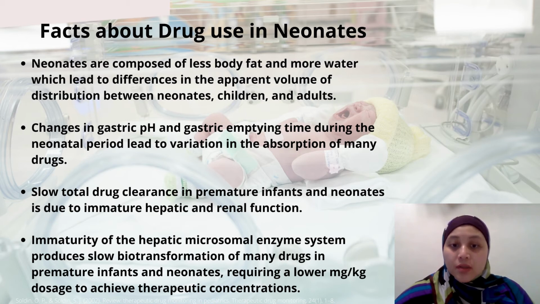Slow total drug clearance in premature infants and neonates is due to immature hepatic and renal function. Immaturity of the hepatic microsomal enzyme system produces slow biotransformation of many drugs in premature infants and neonates, requiring a low dosage to achieve therapeutic concentration.